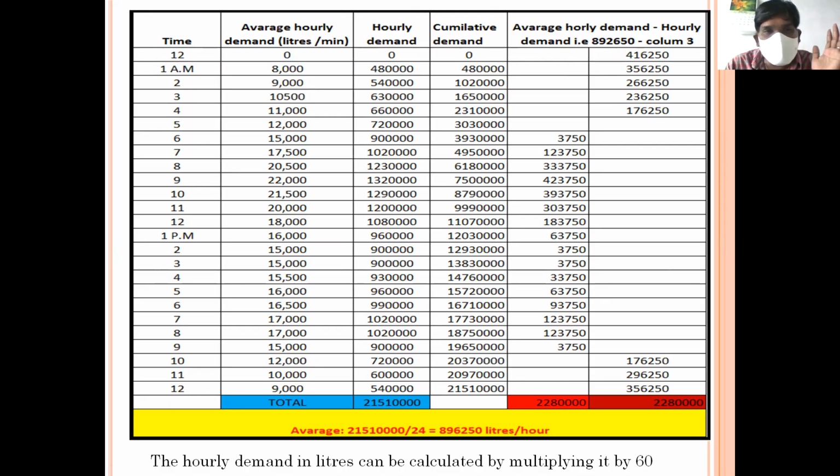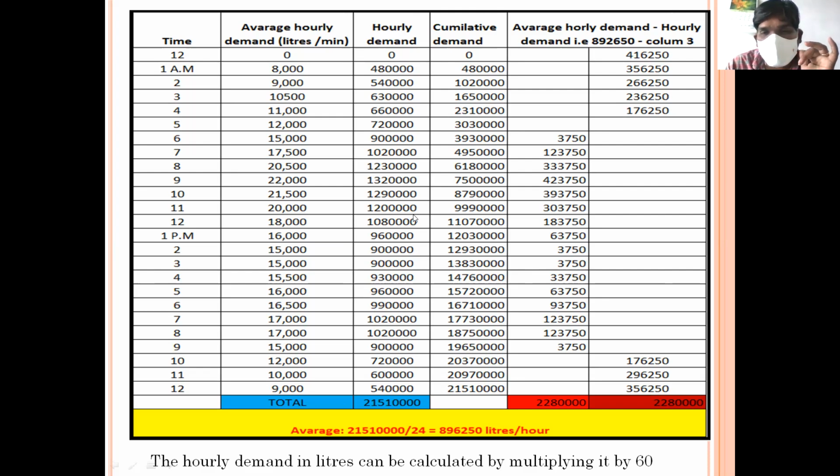Please listen carefully. The data about this time and this average hourly demand will be given to you, and they may ask you to find out the storage capacity of reservoir. Understand? See how we got this data? Simply by multiplying with 60. Why 60? It is an empirical formula.